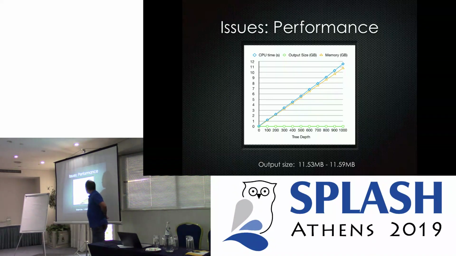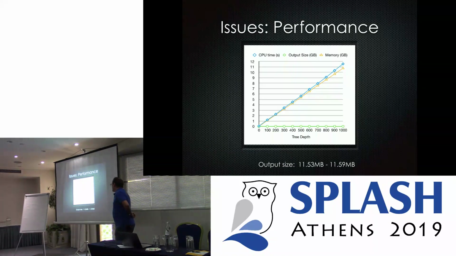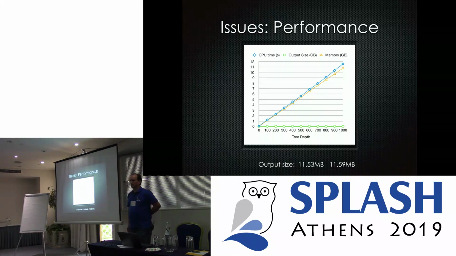So we vary the depth of the tree from 0 to 1,000, and the output size stays fairly constant because we've constructed the tree specially, of course, knowing what will happen. So the output size is not quite 12 megabytes, and the intermediate representation goes up to 11 gigabytes, so a factor of 1,000.